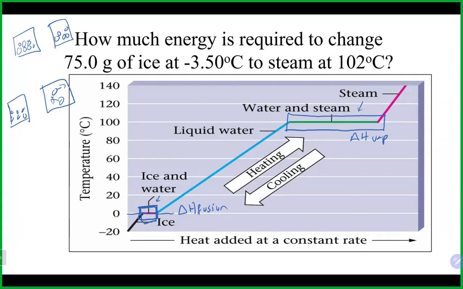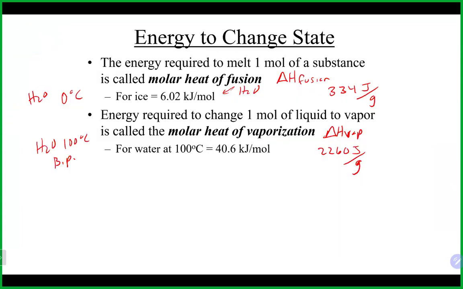Now, when we look at something like this, as we go from solid to liquid, that is an endothermic process, which means that this energy value here, or the heat of fusion, will be positive, for example, for water, 334 joules per gram. We'll just use that number.